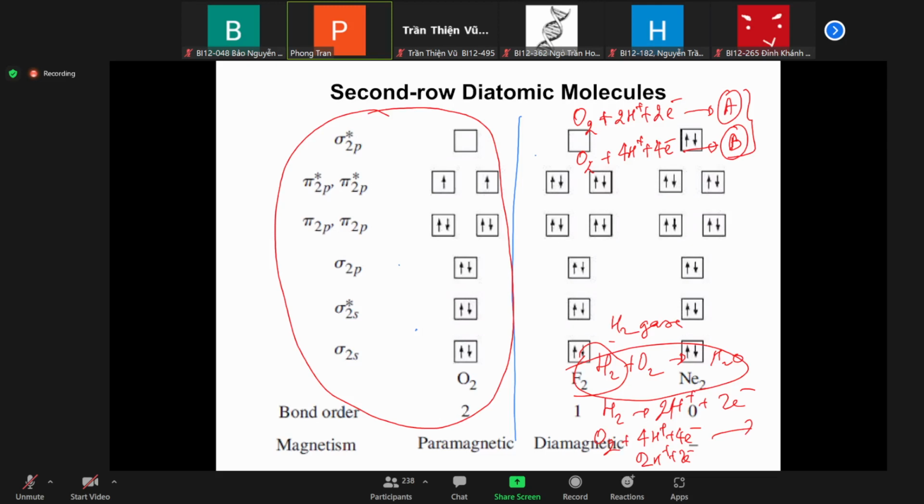Anyone? I think A is OH minus. OH minus, okay. A equal to OH minus, and then B, I'm still thinking about B. But why OH minus?